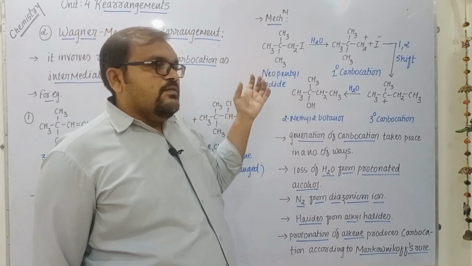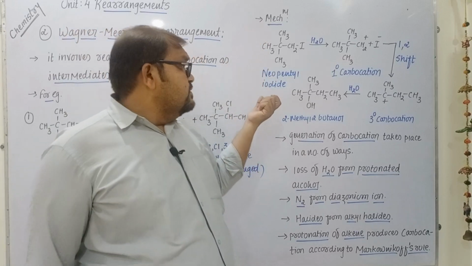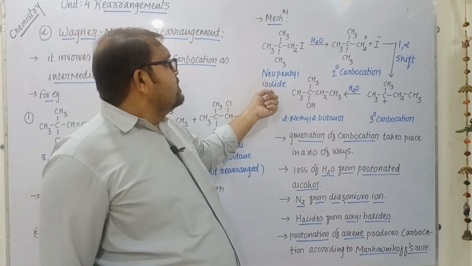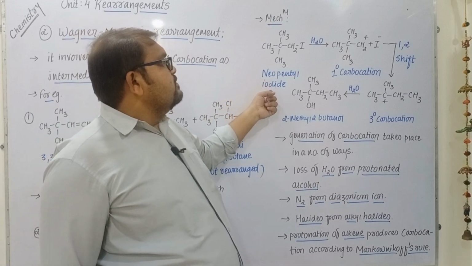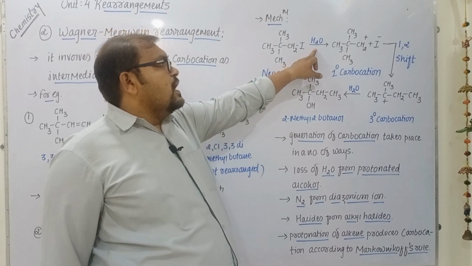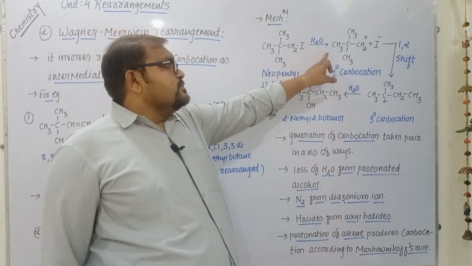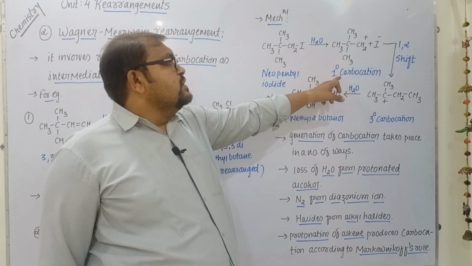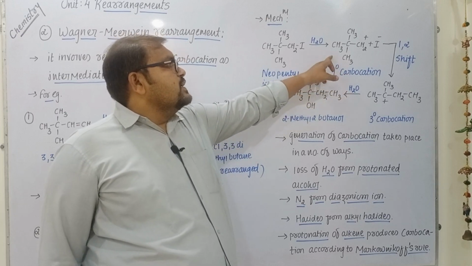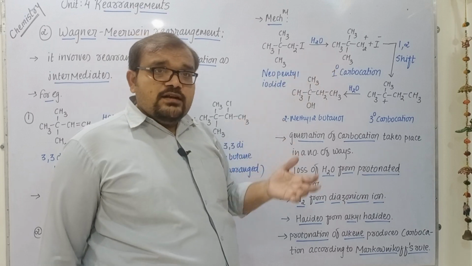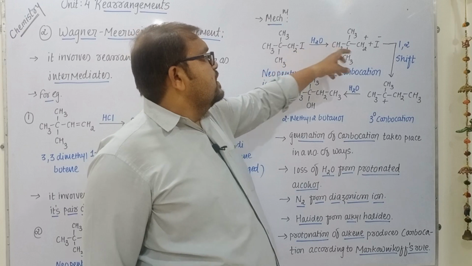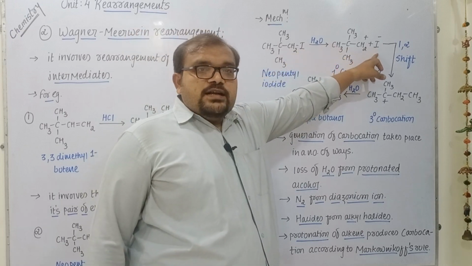Here in the mechanism, we can see in the case of neopentyl iodide, what will happen when it undergoes hydrolysis? Ionization will give a primary carbocation as an intermediate, since iodide is a better leaving group.